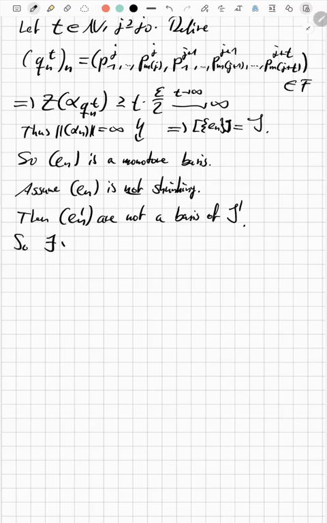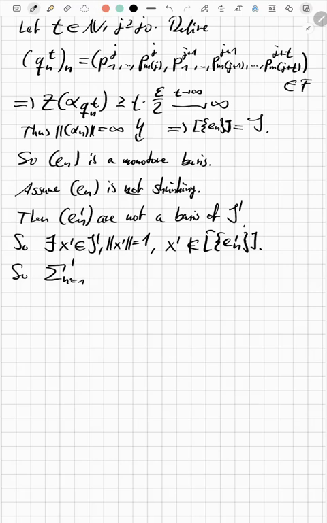So there exists a functional with norm 1 which is not part of the closed linear hull of these coordinate functionals. So this sum right here does not converge to x dash.